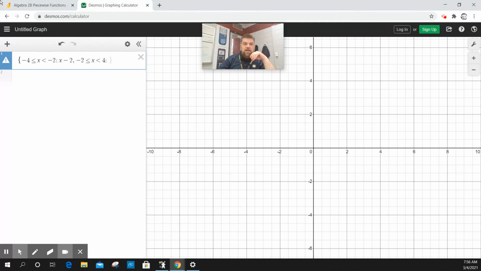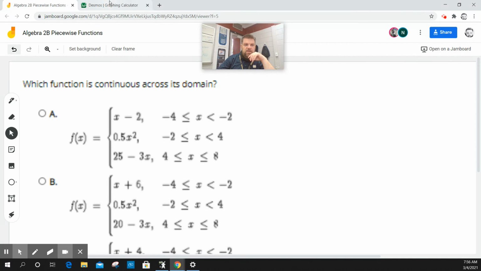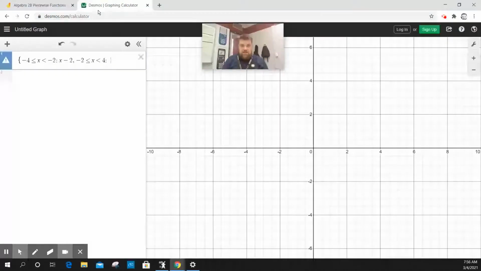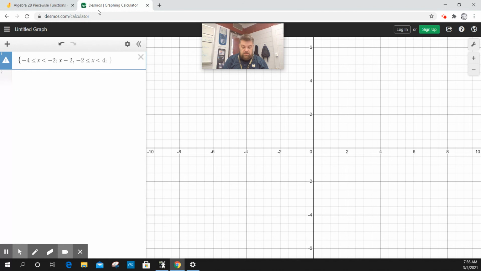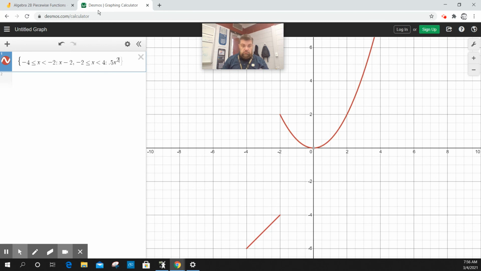And then they have 0.5 x squared. So I'm going to say 0.5 x squared. Oops. Okay. Well, that one's already a jump discontinuity, but that's okay.